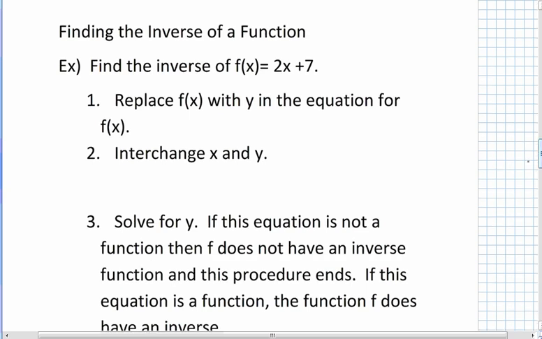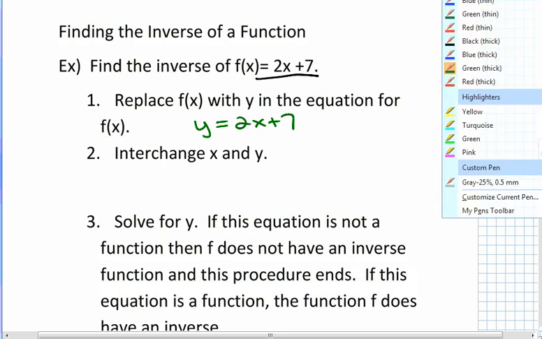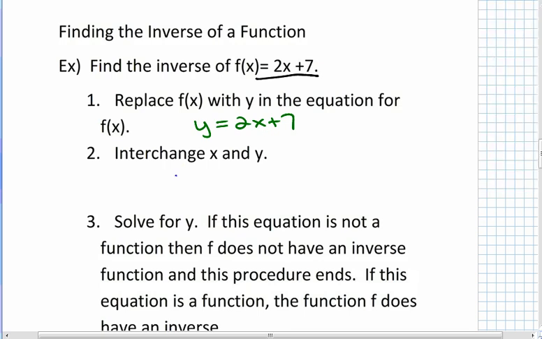Finding the inverse of a function. So we're going to find the inverse of f of x equals 2x plus 7. There's a process to this. The first thing you want to do is replace the f of x with y in the equation. So basically it's y equals 2x plus 7. Then we're going to interchange the x and y's. So we have x equals 2y plus 7.